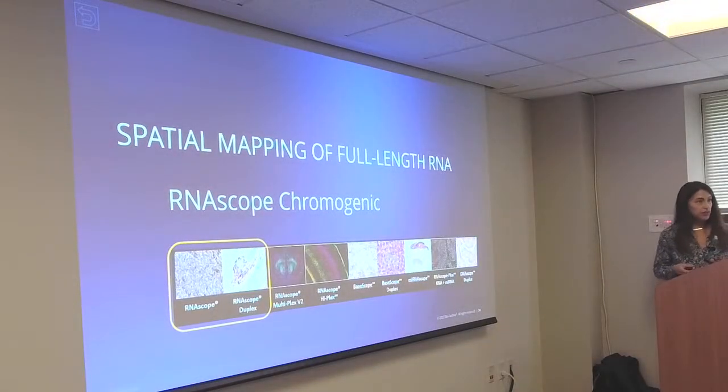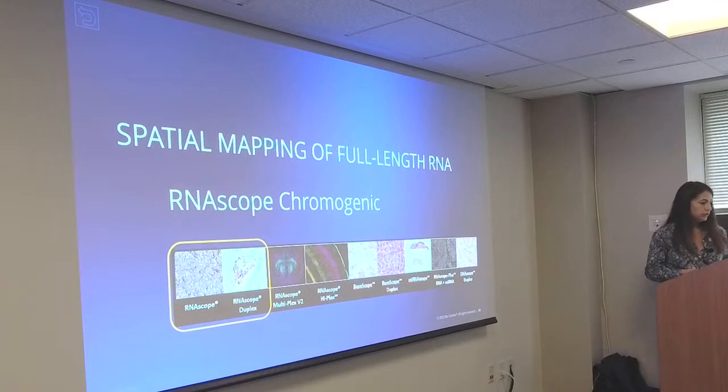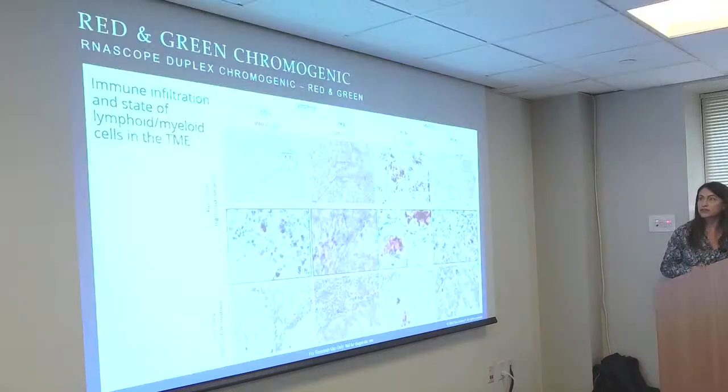Okay, so now let's traverse that whole big smear of different assay classes, and we'll break away into what you can see with, let's start with RNAscope and RNAscope duplex.